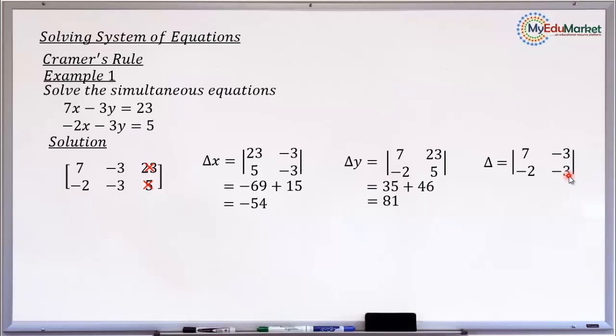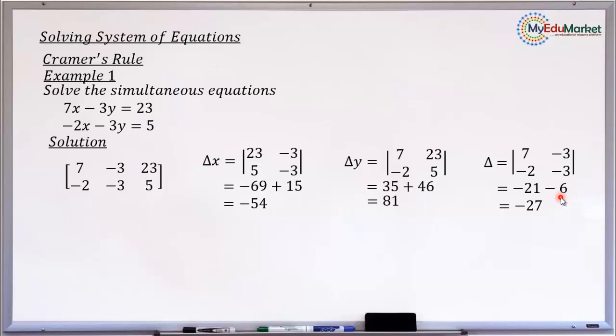Look at it. So the determinant of this, let me find it. Product of the diagonal down, 7 times minus 3 is minus 21, and the product of the diagonal up is minus 2 times minus 3, which is positive 6. So subtract that 6. I'm going to have minus 21 minus 6, and this gives the answer minus 27.